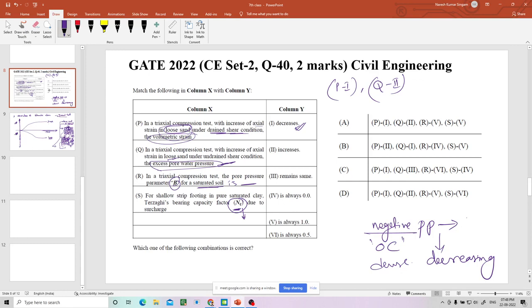Can anyone tell that? What is the value of that B?